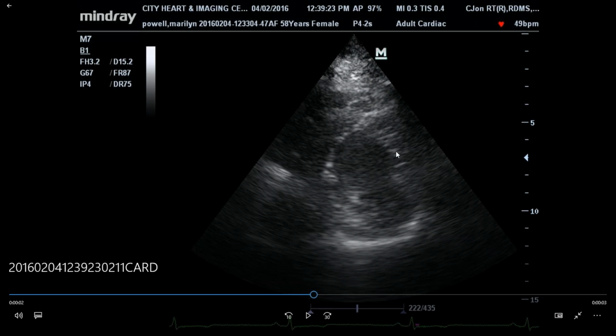But you can divide the lateral wall: anterior lateral wall, and this is your inferior lateral wall. This is your septum, inferior septum, and your anterior septum. Papillary muscle, this is your anterior lateral papillary muscle, and this is your posterior medial papillary muscle. Okay.